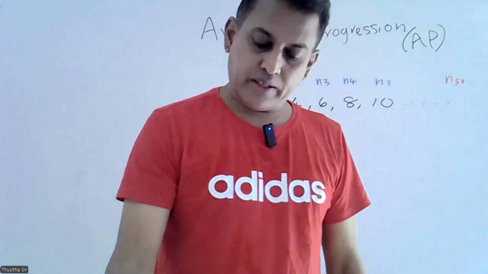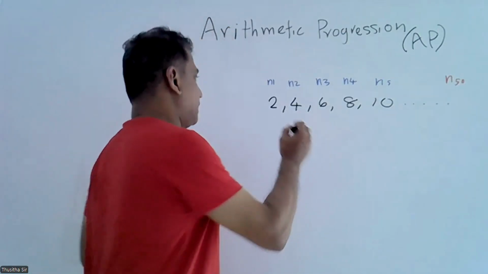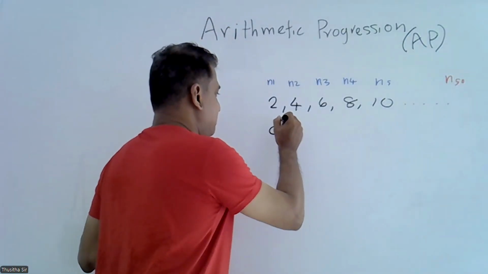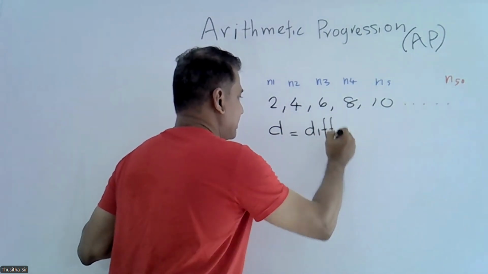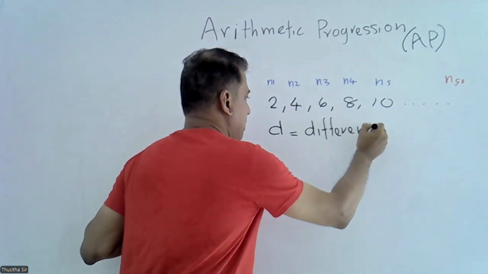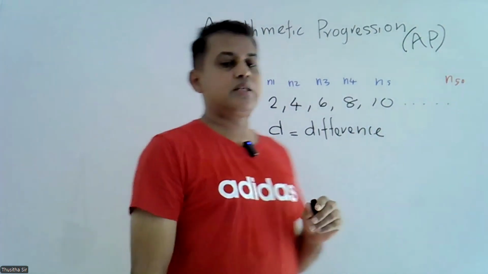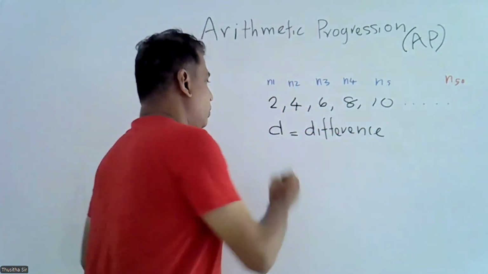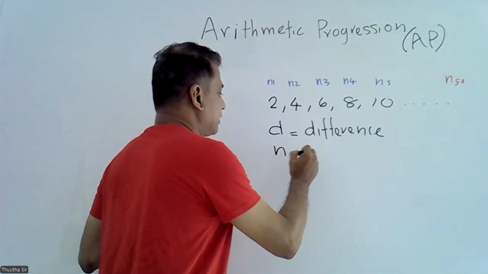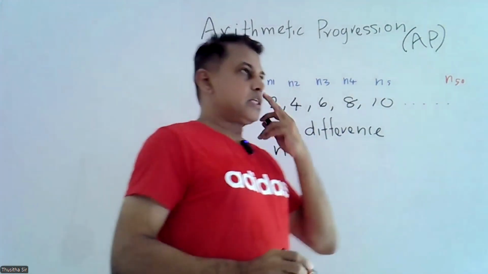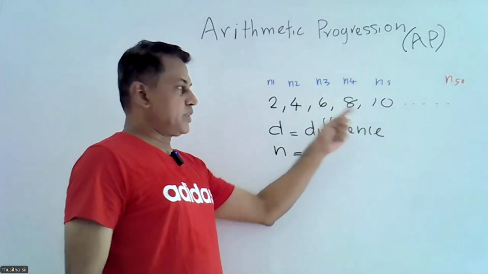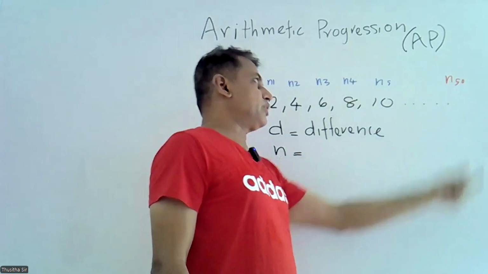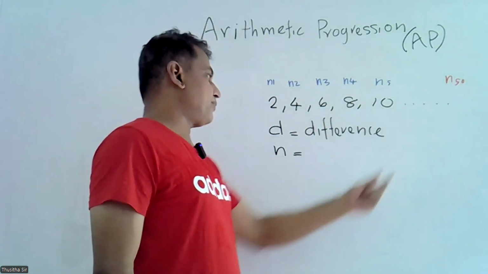So we take these simple letters. Simple D is the difference. Simple N is the position of the number in the sequence.